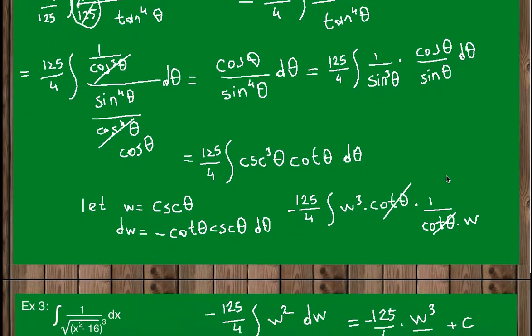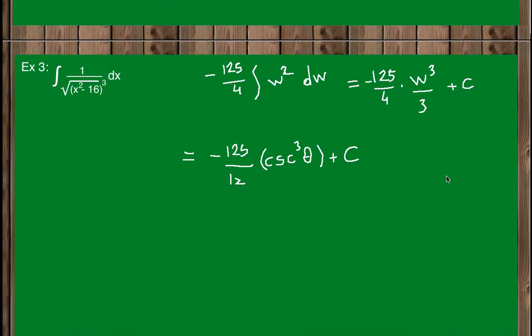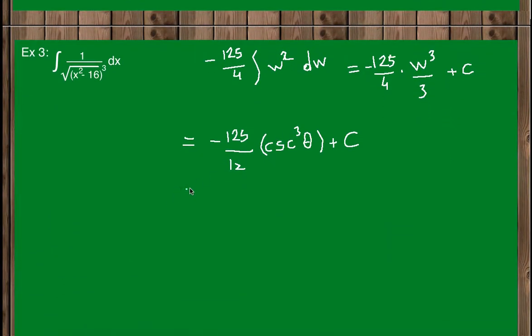Let's rewrite. So we have negative 125 over 12 in front, and our cosecant function is hypotenuse over opposite, which is square root of 25x squared plus 4 over 5x, cubed plus c.